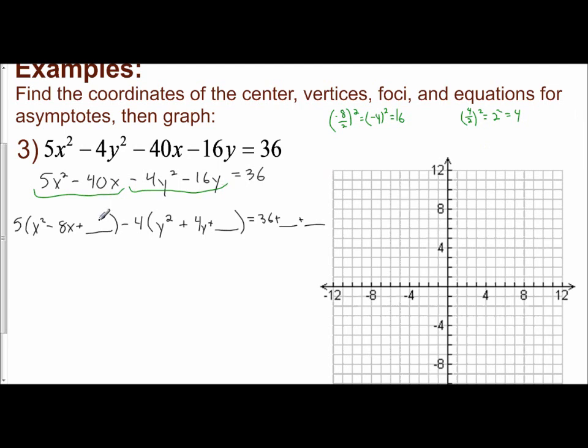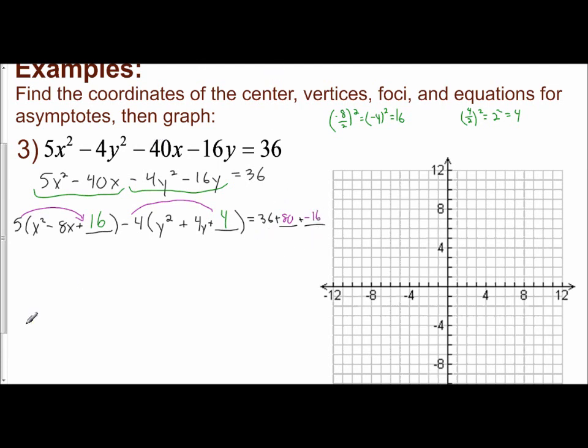All right, so that means a 16 goes here and a 4 goes there. But those aren't the numbers that go on the right. You should know that by now with all the completing the squares you've been doing. For the first one, 5 times 16 is actually 80. So 80 goes here for it. And negative 4, remember it's a minus, so that's negative 4 times 4 is really negative 16.